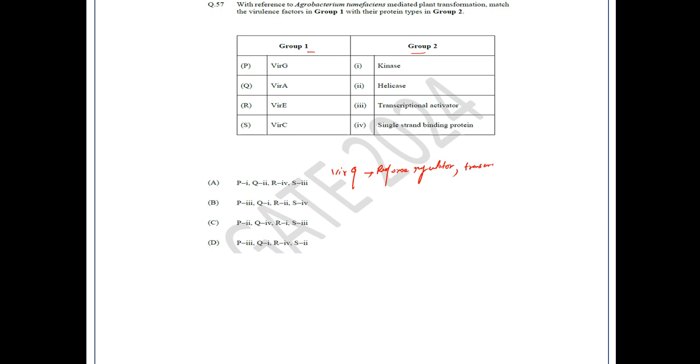So it is a transcription activator of all other Vir genes, and definitely they participate in the constitutive expression.